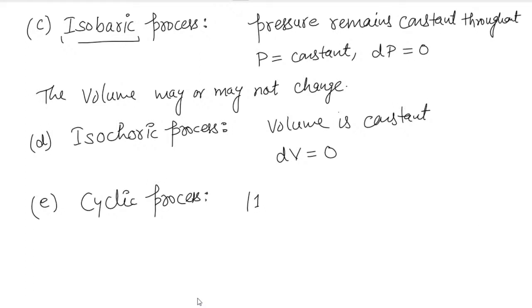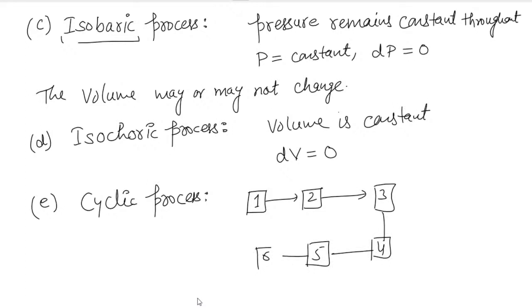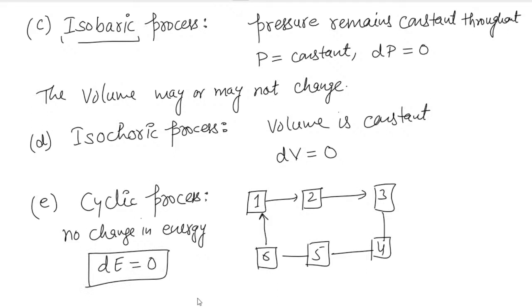For example, if the system is at stage 1, it goes to 3, 4, 5, 6, and then returns back to the original. So that is called a cyclic process, and there is no change in energy in a cyclic process. That means E is constant, or we can say dE is 0.